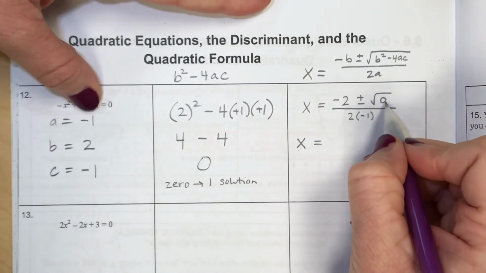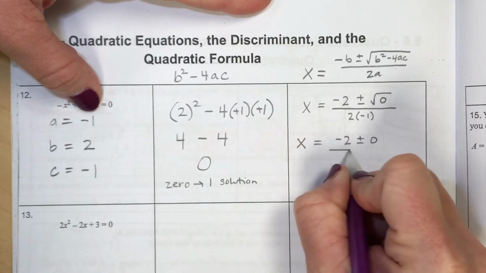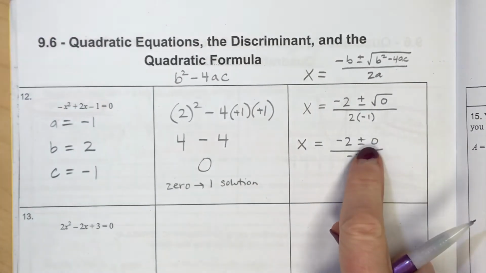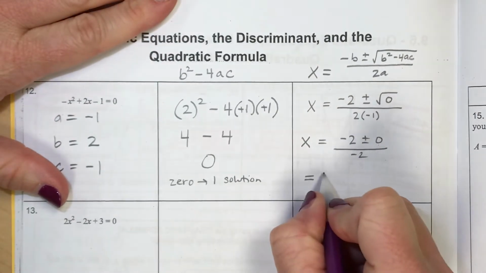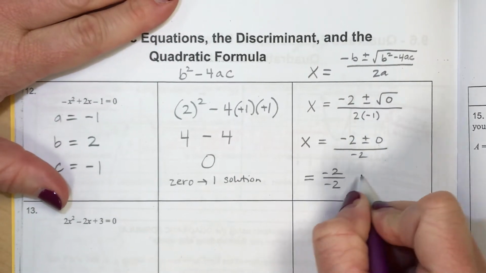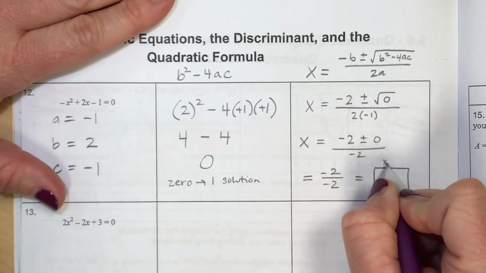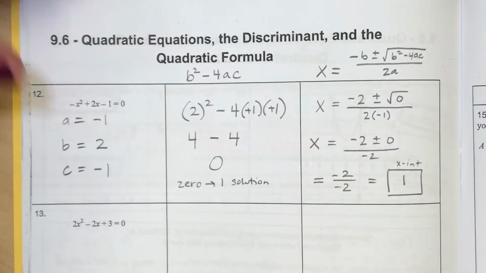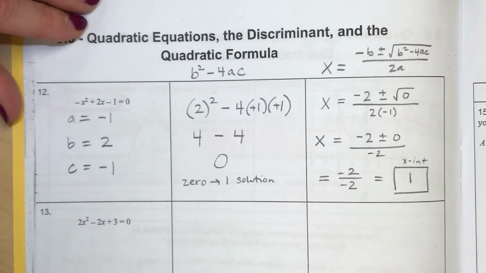All right, the square root of 0 is 0. And negative 2 plus or minus nothing is just going to be negative 2 over negative 2, which is going to end up being an x-intercept of, when I simplify, just the number 1. Look how easy that was when it was 0.